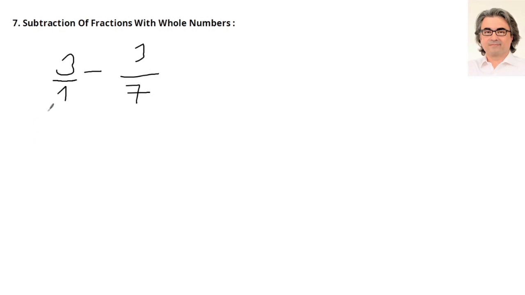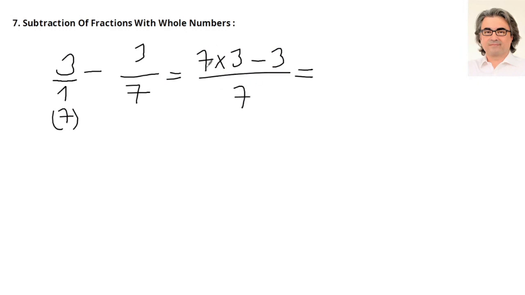So if you multiply 1 with 7, you will equalize denominators in 7. 7 times 3 minus 3 over 7. 7 times 3 is 21. 21 minus 3 over 7. 21 minus 3 is 18. 18 over 7 is the final result.